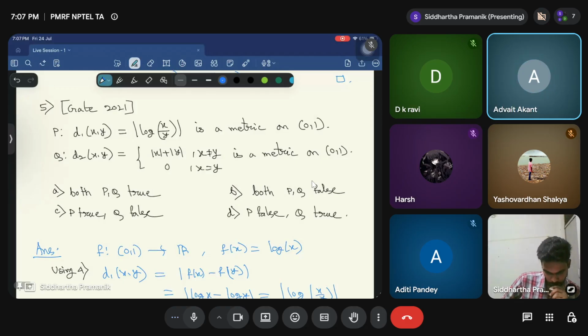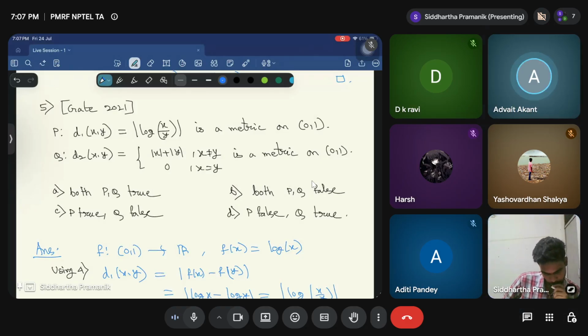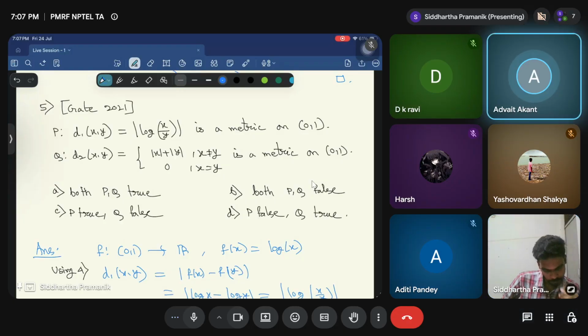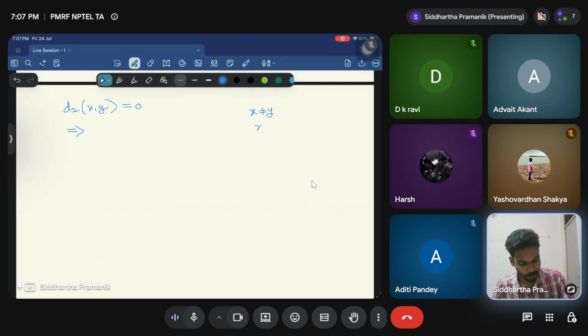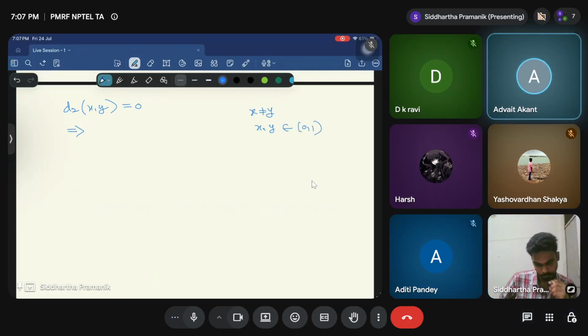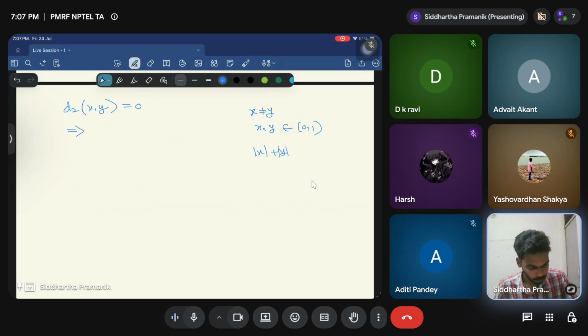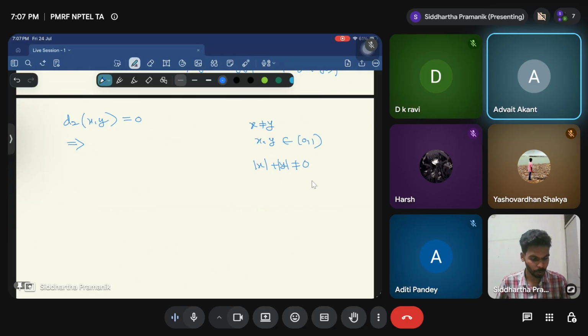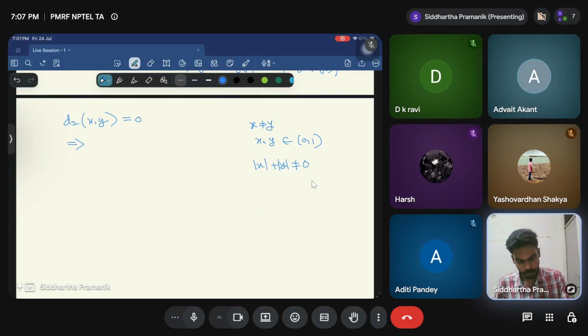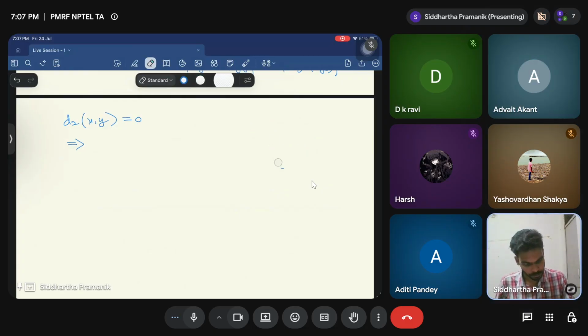How can you say that? Because x is not equal to y. If both of them are 0, then they are equal. So x not equal to y, and x, y belong to open interval (0,1). So mod x plus mod y cannot be 0, right? Yes, because both modulus are positive. I was just confused.